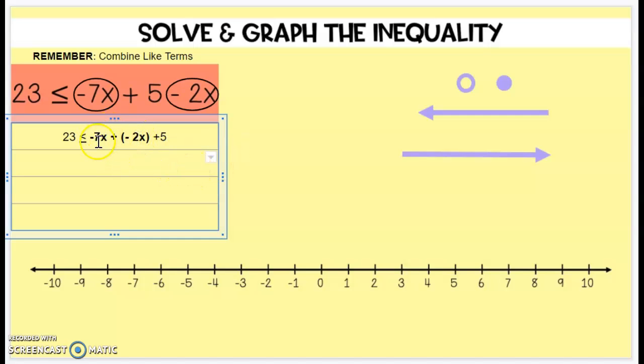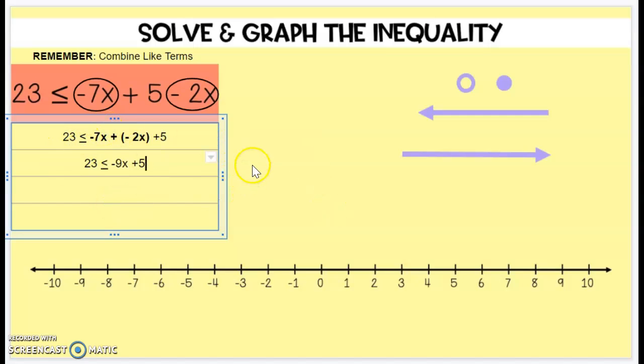So when two negative numbers are together, negative 7x, negative 2x, you're just adding them to make a bigger negative number. So let's rewrite this by combining those. We're going to bring down our 23 is less than or equal to negative 7x plus negative 2x, which is negative 9x plus 5.